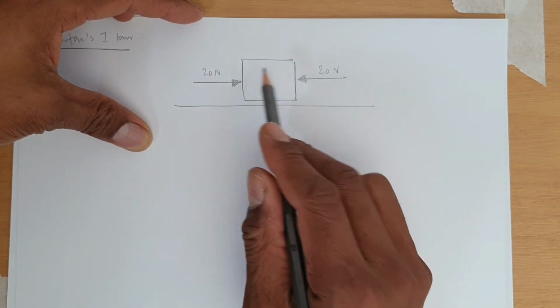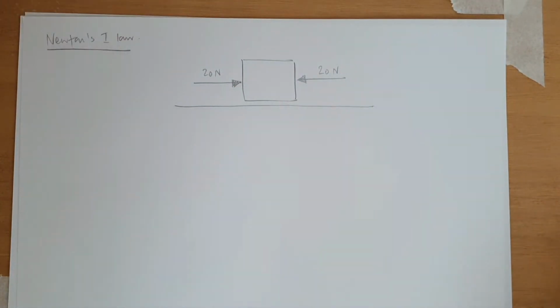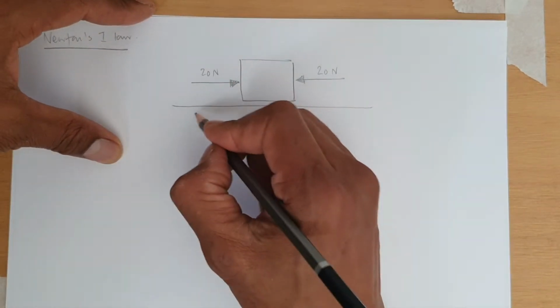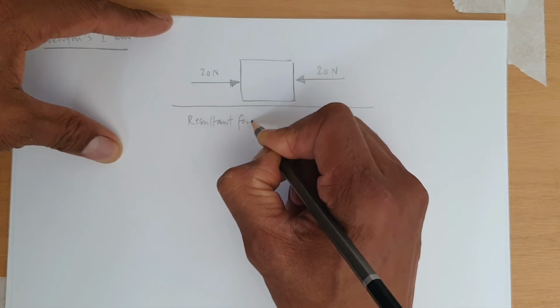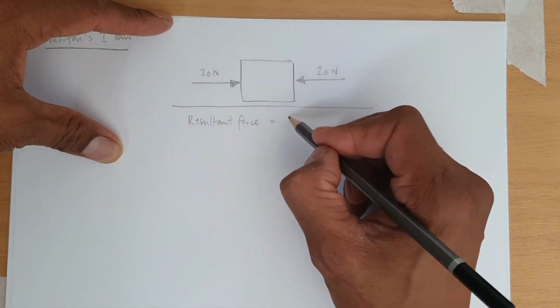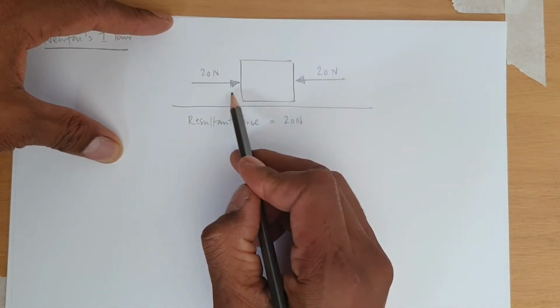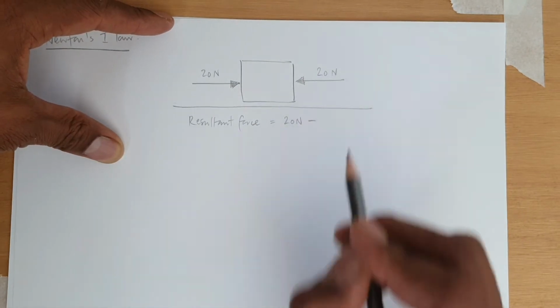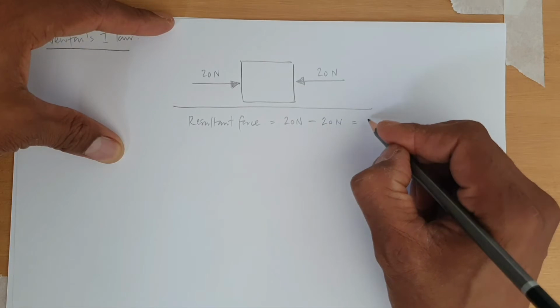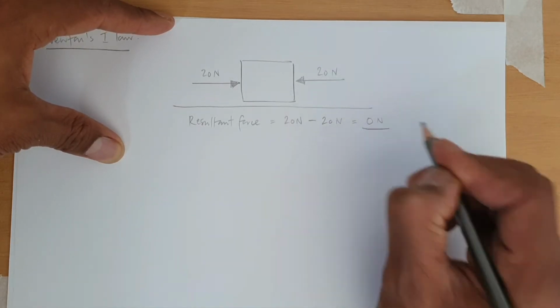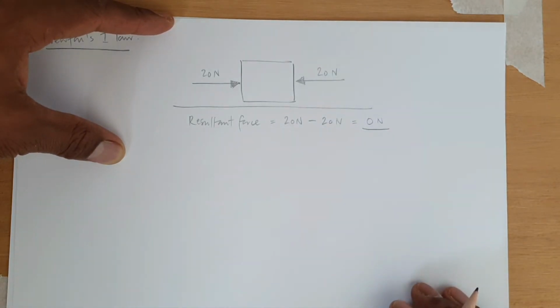So these two forces balance out, and essentially they cancel. Because if I did the same calculation that we did before, resultant force is equal to 20 newtons, because they're in the opposite direction, minus 20 newtons equals 0 newtons. There's no resultant force.